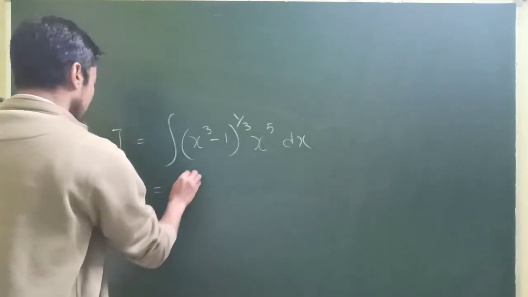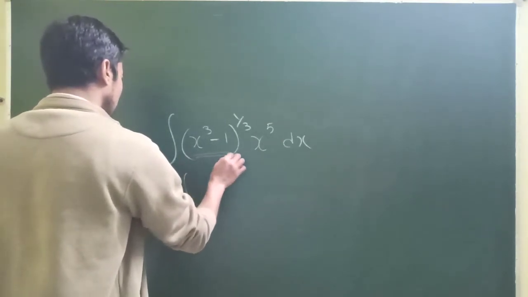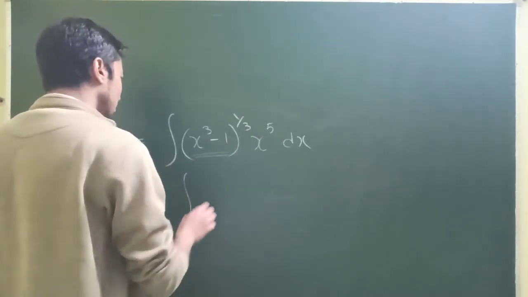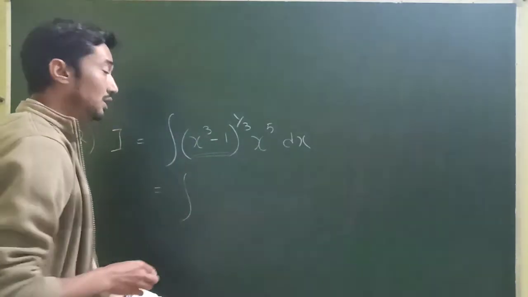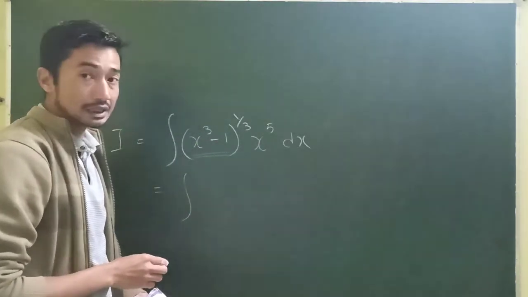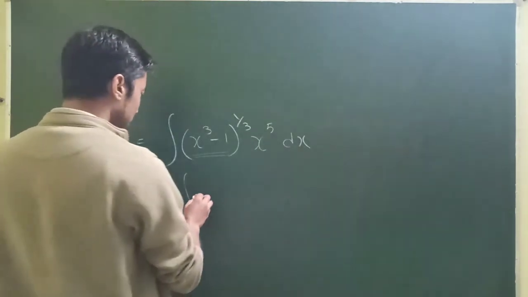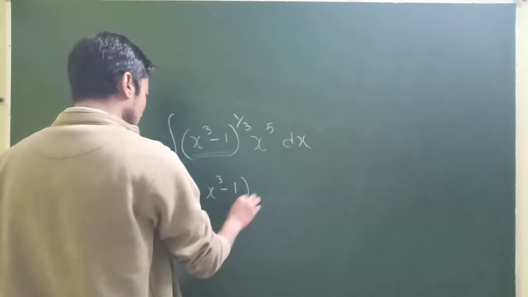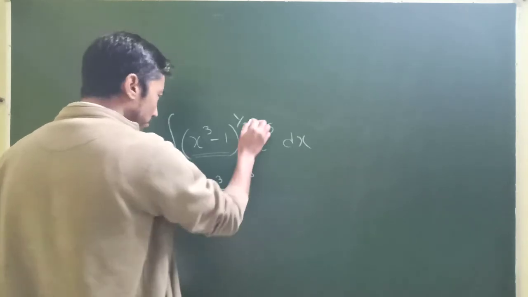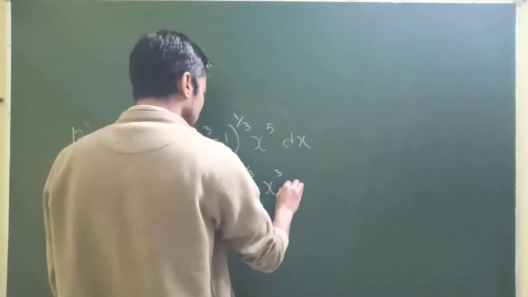Maybe a little bit of adjustment, because this is the only thing that I can substitute, because whole power 1 by 3. So as long as this is sorted out, quite difficult to integrate. Not impossible, but kind of messy to integrate. So x cube, that means, let me try something. That is x power 5.